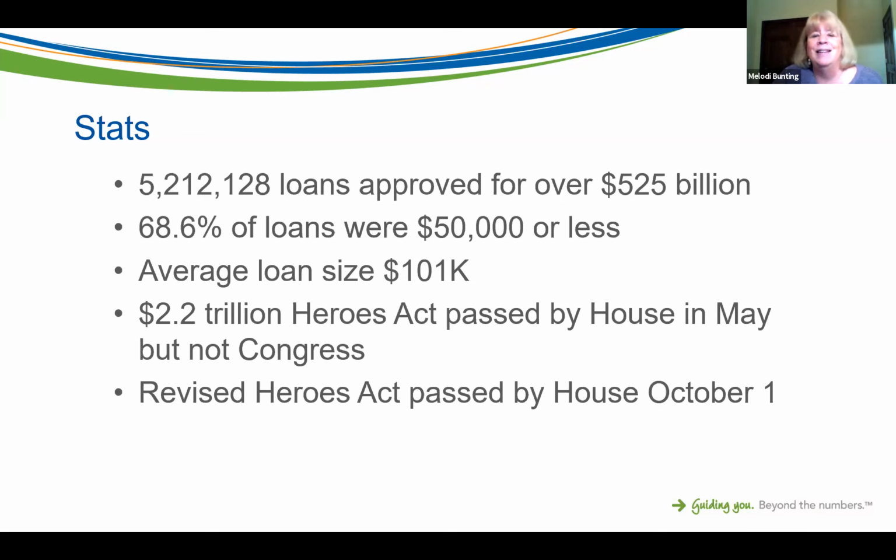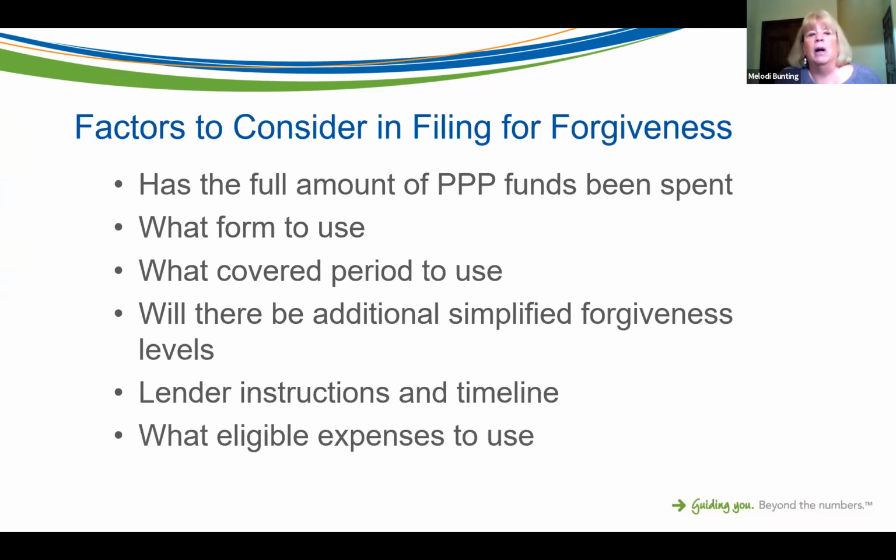Right now, there is nothing pending, but there is the general impression in the industry that it's not a matter of if it will happen, it's when. And it's primarily stalled by the politics surrounding things right now. So in the profession, we're calling it PPP2, although the official name may be different. It is likely coming, and stay tuned.